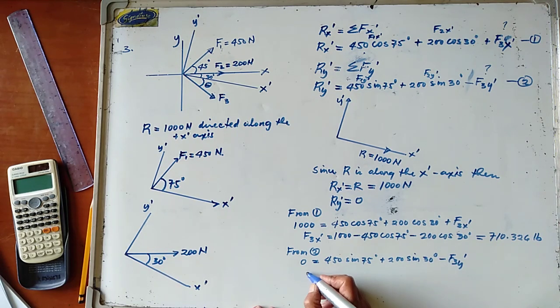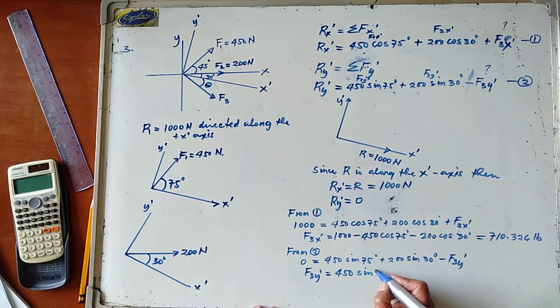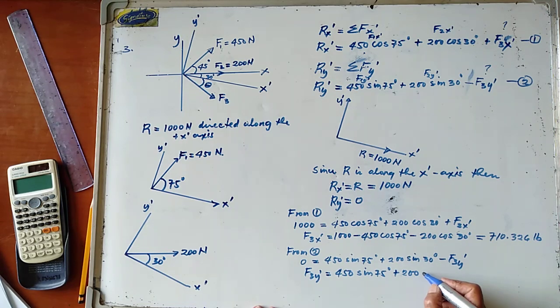So your F3y prime is equal to 450 sine of 75 degrees plus 200 sine of 30 degrees. This is equal to 534.667 newtons.